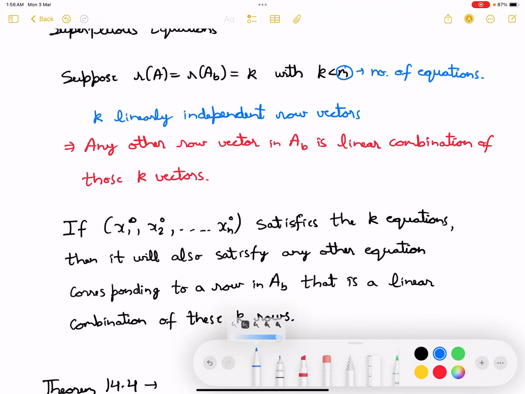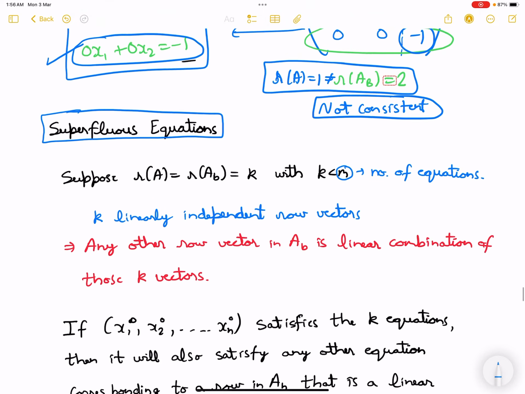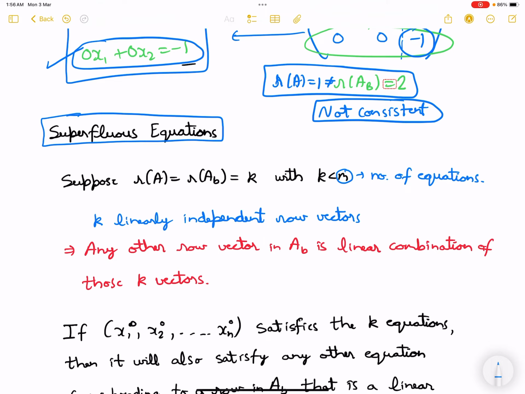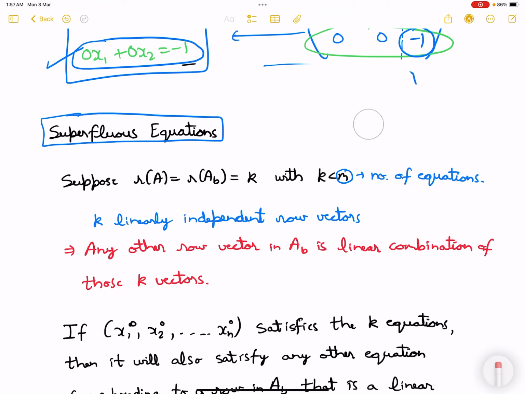Okay, now moving forward, superfluous equations. I'll tell you what superfluous equations means. It means the equations which, even if they are not given to us, we'll still get the same values for x1, x2. I'll give you an example.